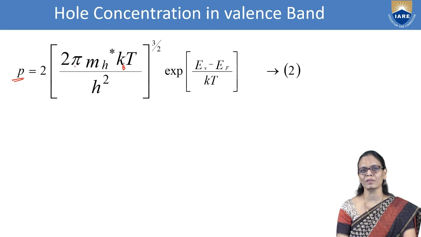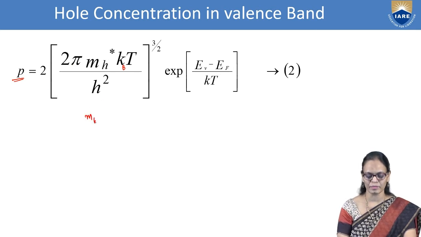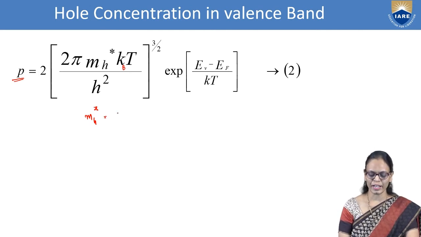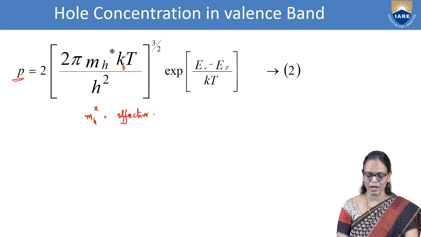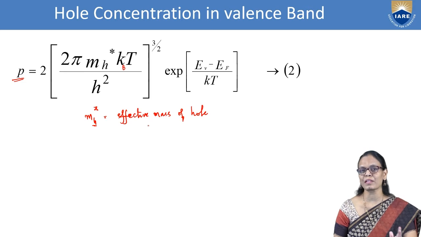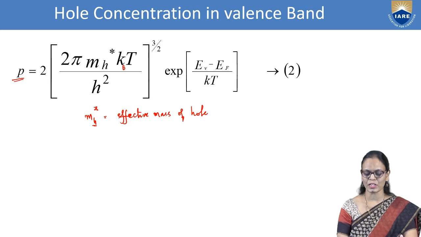Here 2 pi are constants. mh star denotes the effective mass of the hole. That is why we are putting the suffix h. So whenever an electron is in a periodic potential, we always talk in terms of effective mass. kB is the Boltzmann constant, T is the temperature, and h again here is the Planck's constant.